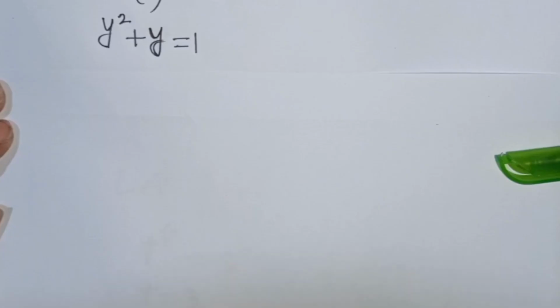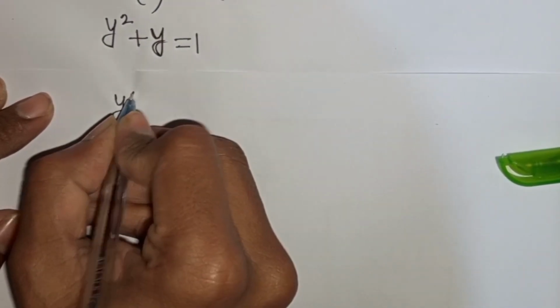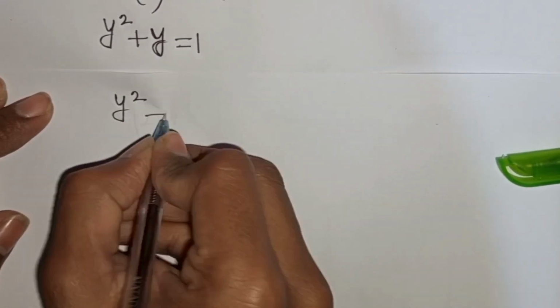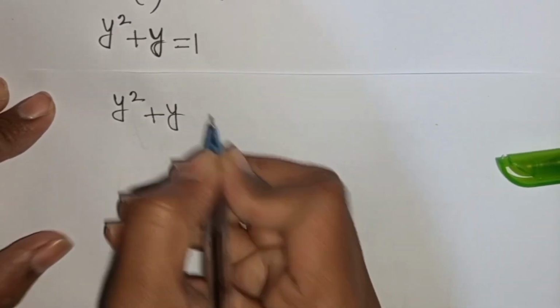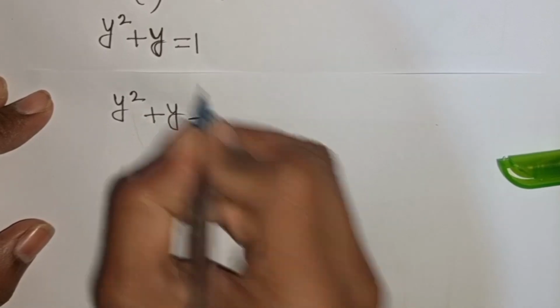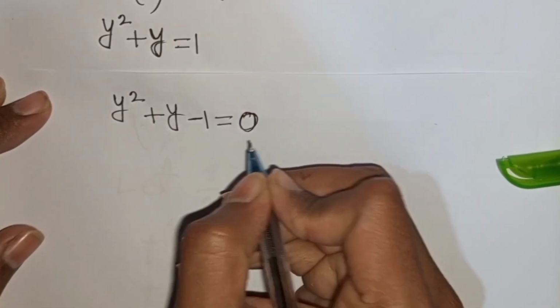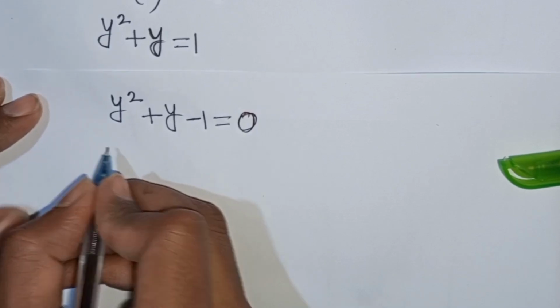Now we can write y squared plus y, then this plus 1 taken to the left side becomes minus 1, is equal to 0. Now here you can apply the quadratic formula.